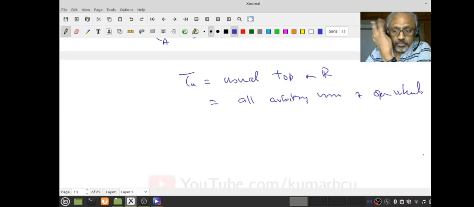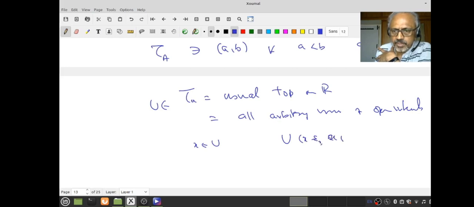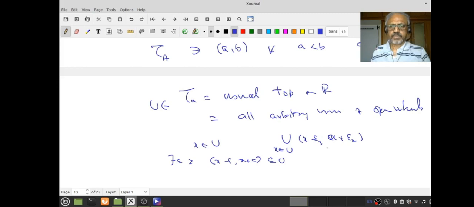Because if you give me an open set U in the usual topology and you start with an x in U, then there is an epsilon positive so that (x minus epsilon, x plus epsilon) is contained in U. Therefore it's a union of such things, an arbitrary union of open intervals. Therefore tau A should contain tau U.